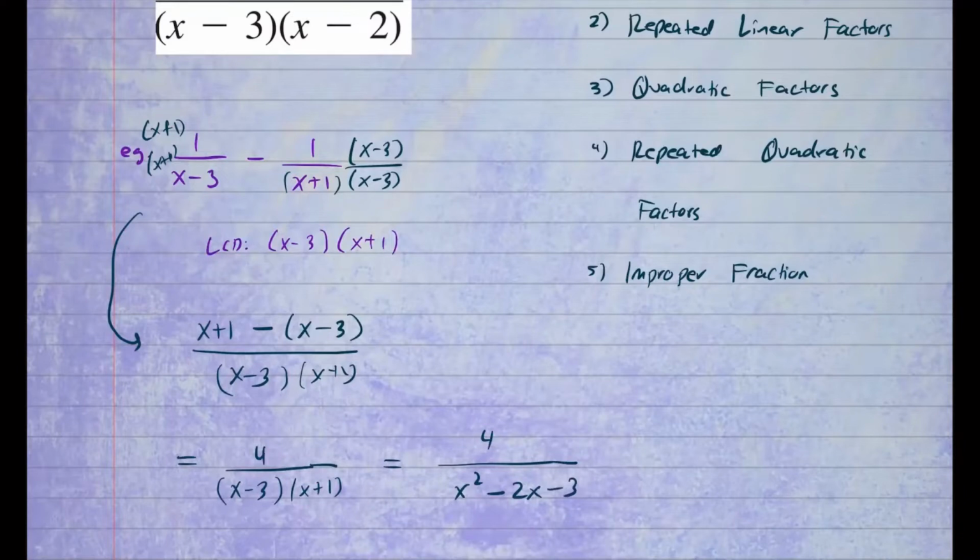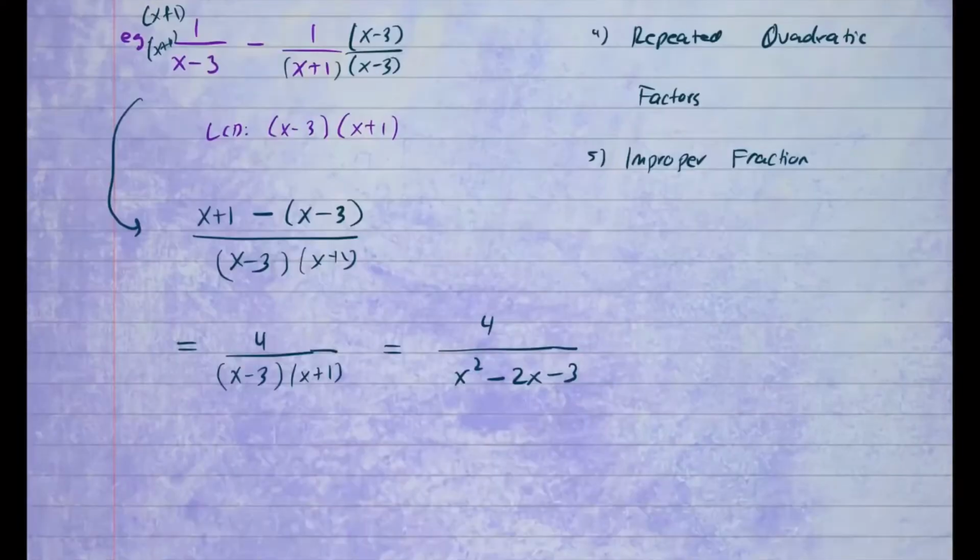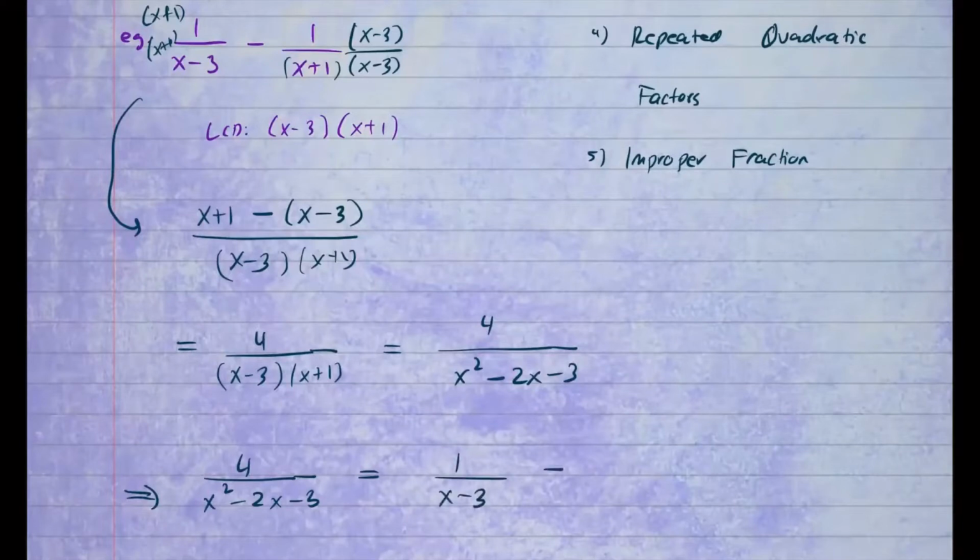So what we initially started with were these. Those are our partial fractions, and when you combine, you get something like this. In other words, 4 over x squared minus 2x minus 3 is equivalent to 1 over x minus 3 minus 1 over x plus 1.